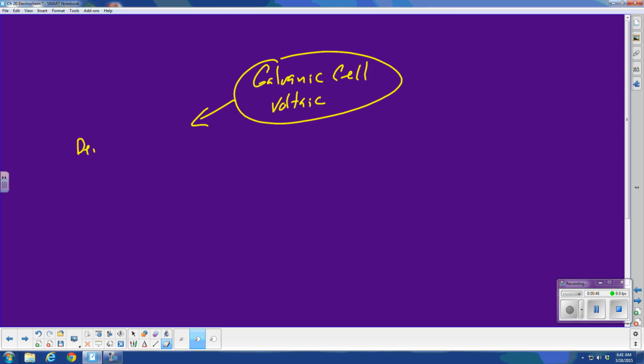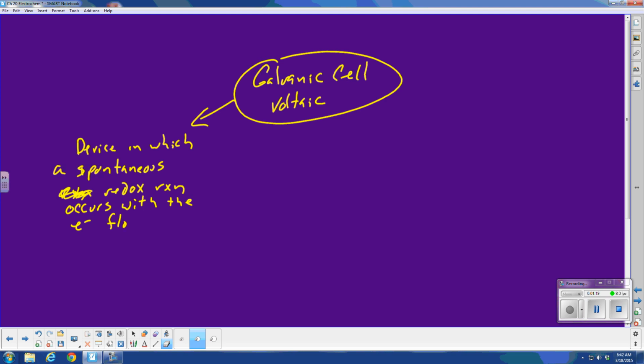This is a device in which a spontaneous redox reaction occurs with the electrons flowing through an external circuit.